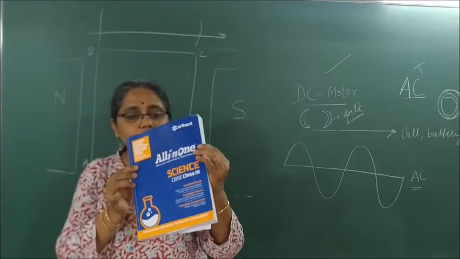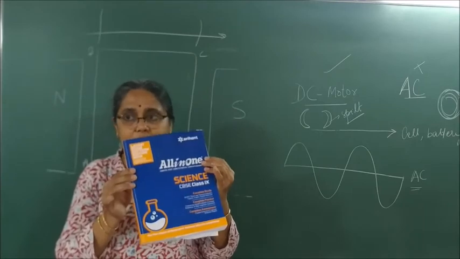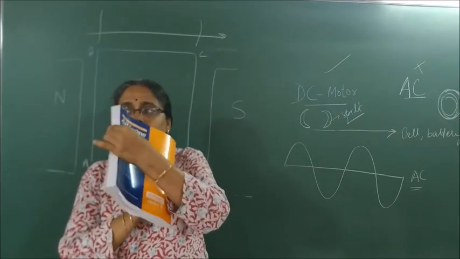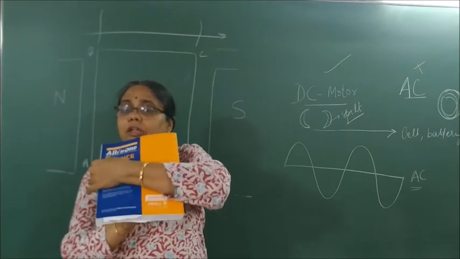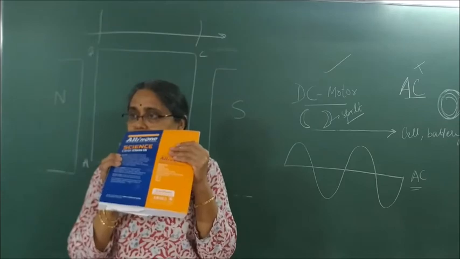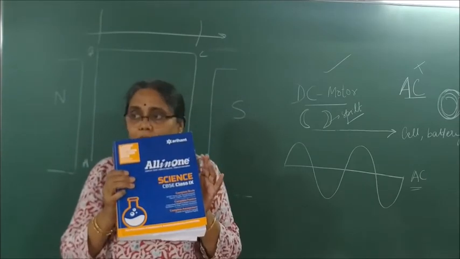It should actually stop here, but as it has momentum, it cannot stop here and it falls onto the other side. So now the arm AB was first connected to P and the arm CD was connected to Q, of the split ring.